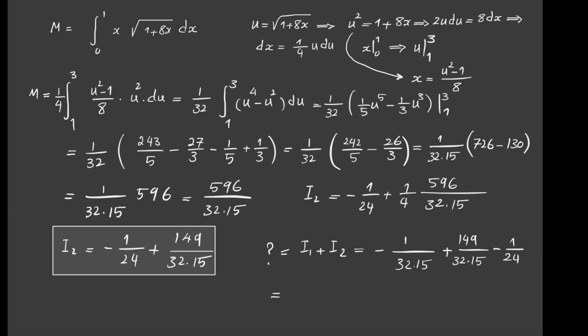Okay, so what I can do, at least I see the denominators here are the same, so I subtract the numerators. It's 148 divided by 32 times 15, and then I have minus 1 over 24. And then I have to start simplifying things.